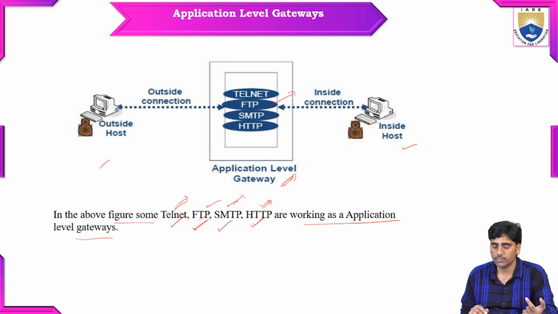Here are some examples of application level gateways: telnet acting as an application level gateway for connections, FTP, the file transfer protocol, acting as an application level gateway for file transfer services, the simple mail transfer protocol SMTP acting as an application level gateway for mail transfers, mail receivers and mail senders, and HTTP acting as an application level gateway for application accessing, application servicing and application downloading.